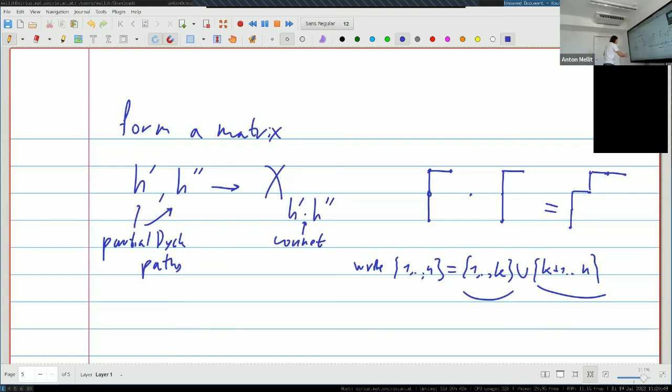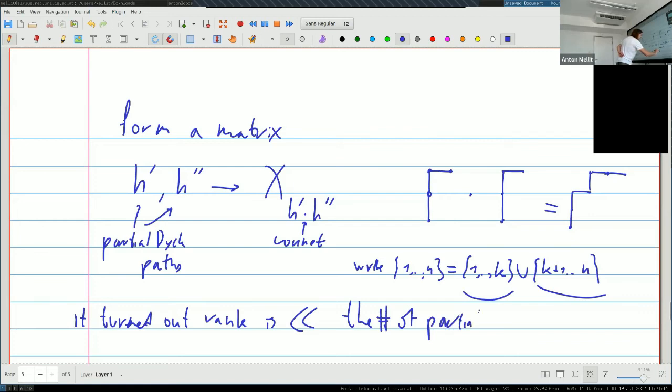And then we computed the rank. It turned out the rank of that matrix is so much smaller than the number of partial paths.